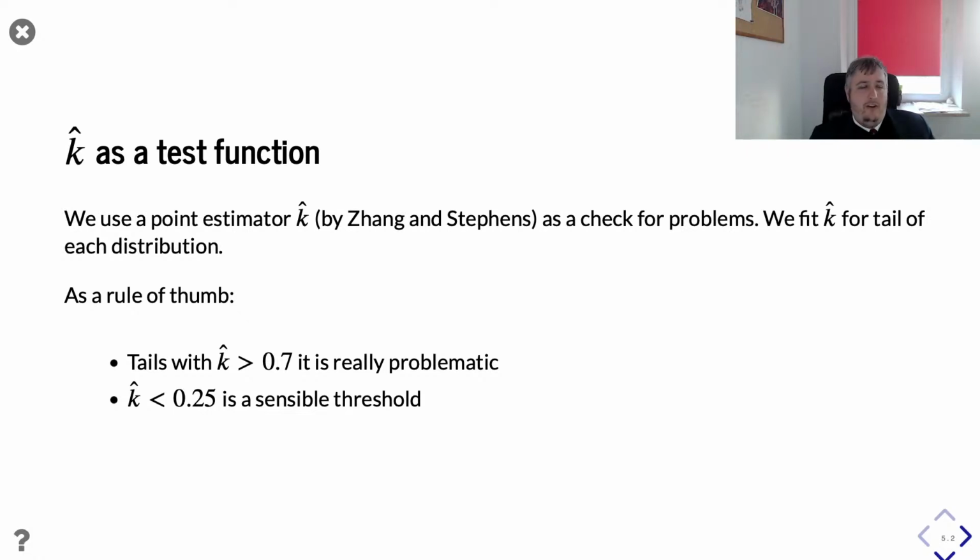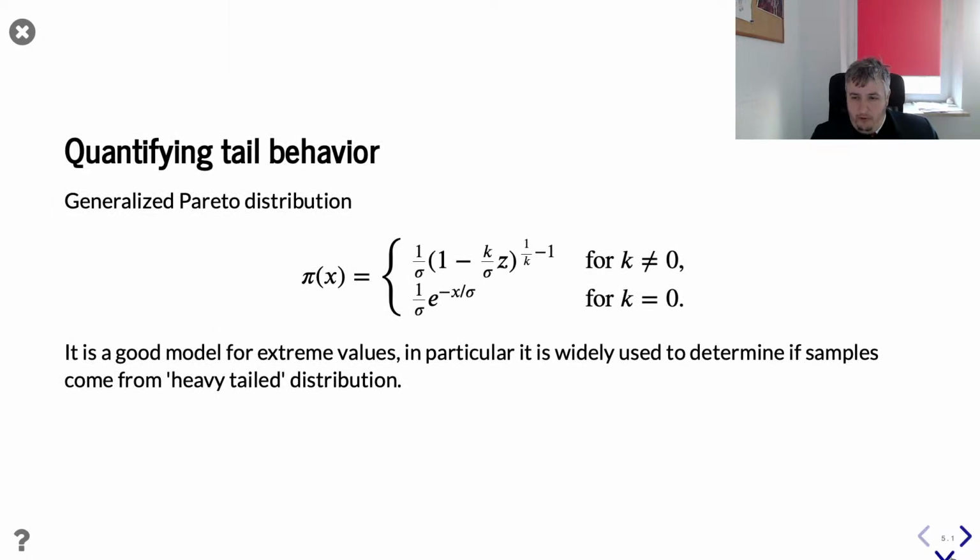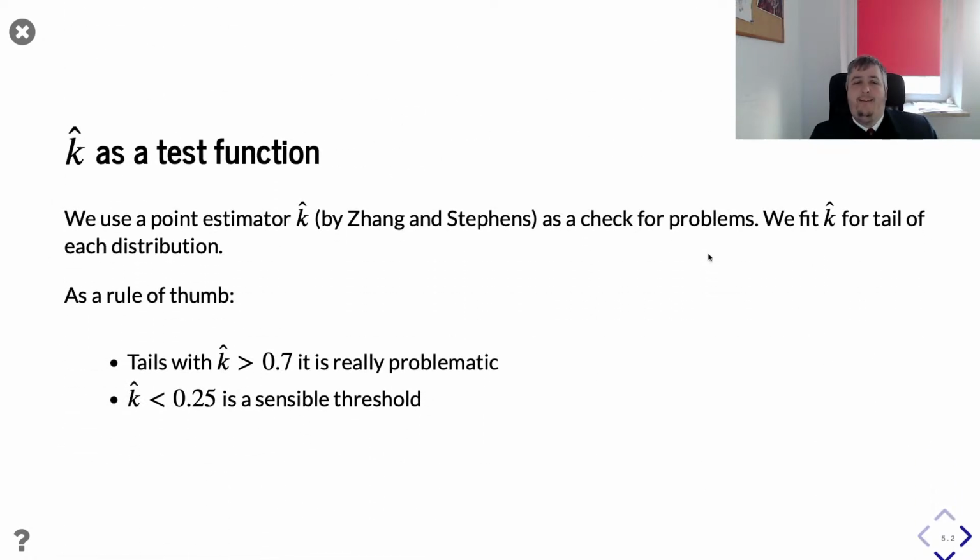And for that, we can even use a classical statistical estimator, which is a point estimator, not a Bayesian estimator, but a frequentist estimator, just as a statistical check for our problems. By fitting k for the tail of each distribution, we can estimate the parameter k of the Pareto distribution, and that gives us a certain diagnostic tool.